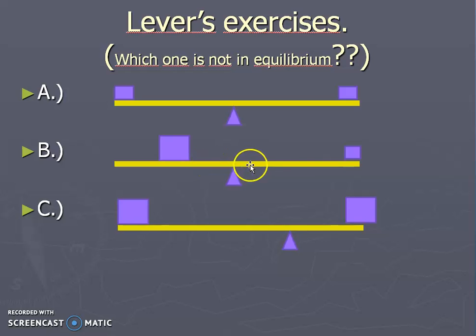In this case, we have less effort, but the distance is 2 times this distance. So this one, B, is in equilibrium. In this one, we have the same load, but this distance is higher than this one. So this lever is going to rotate in this direction. Okay? This is the end of the chapter levers.